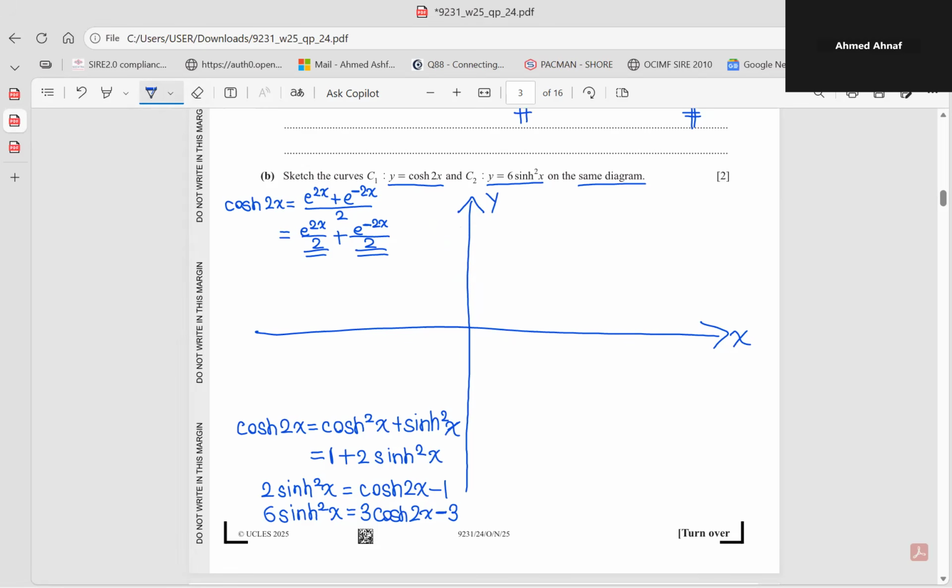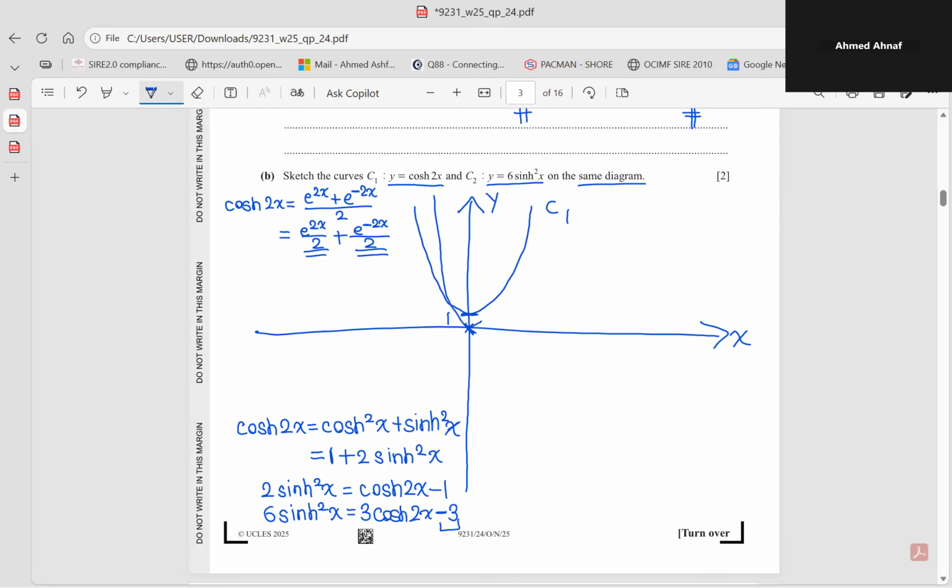Okay, so C1 is going to be something like this one, and C2 is going to be more stretched out, so therefore it's going to be more vertical. However, we can see that it's also minus 3, so therefore we shifted 3 units downwards. So therefore, the minimum point is going to be 0 for C2.